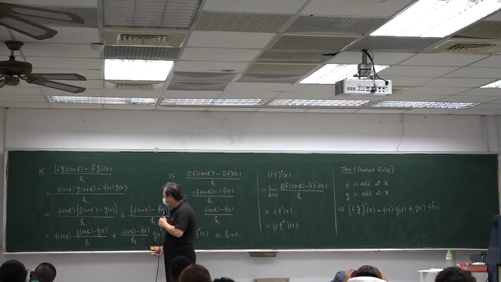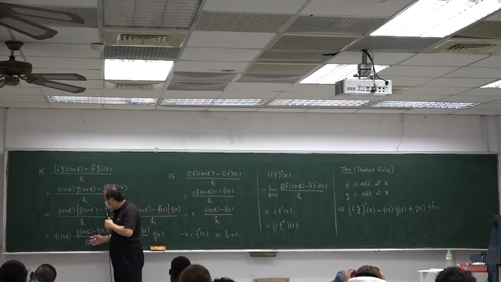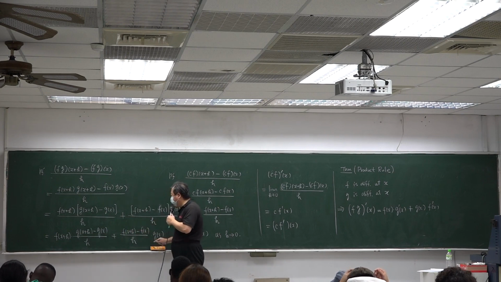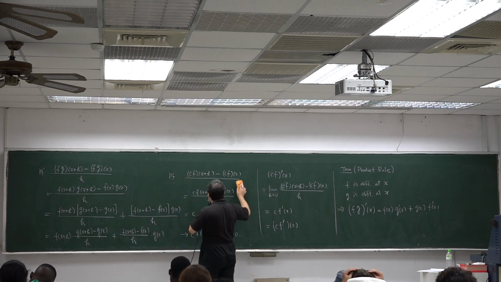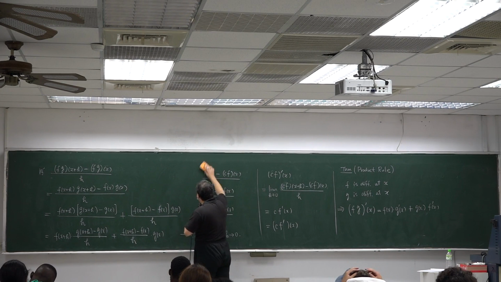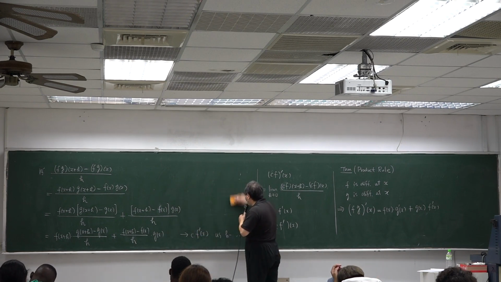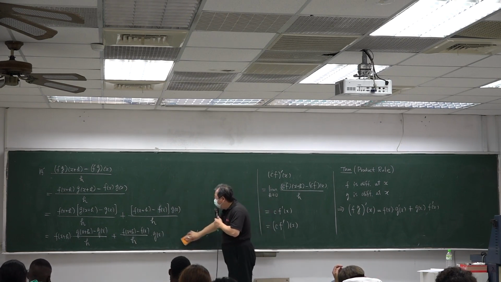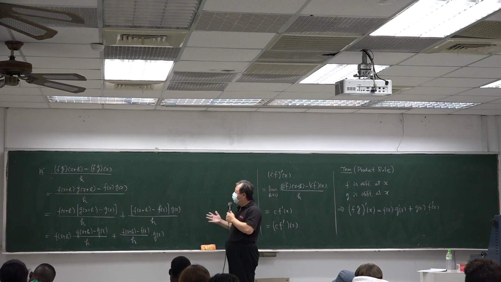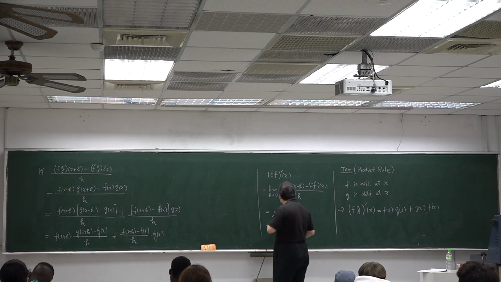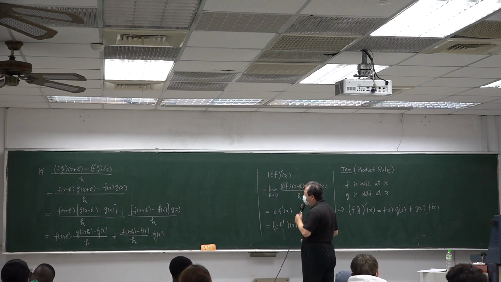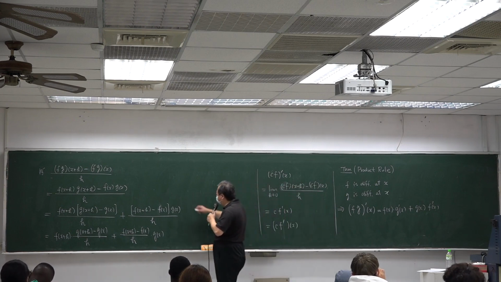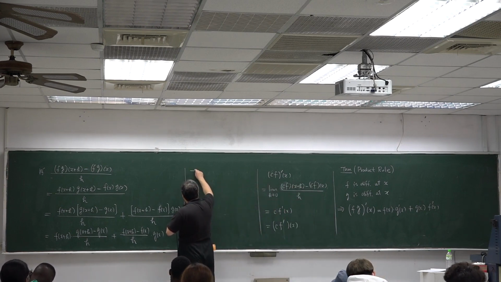Constant multiple of this one. Constant multiple of this one. So we have two functions, f and g. Each function contributes rate of change, but enlarged by another function. Differentiability implies continuity.